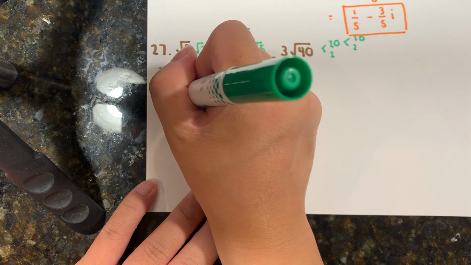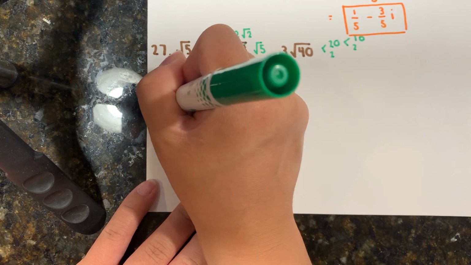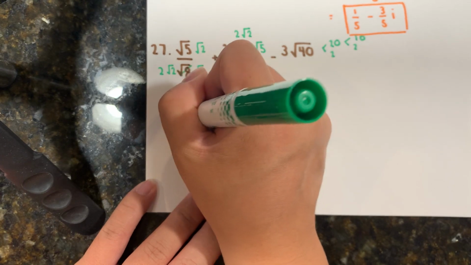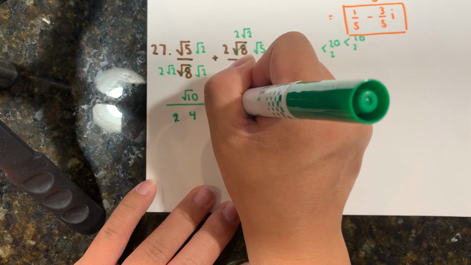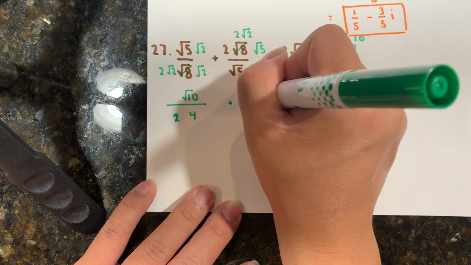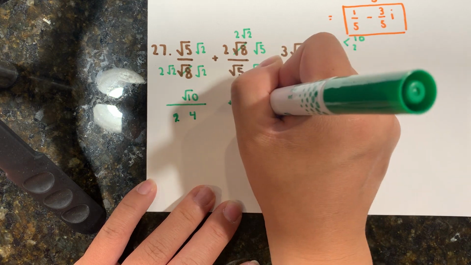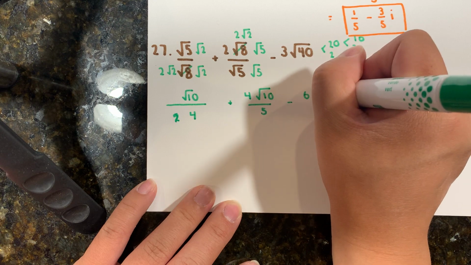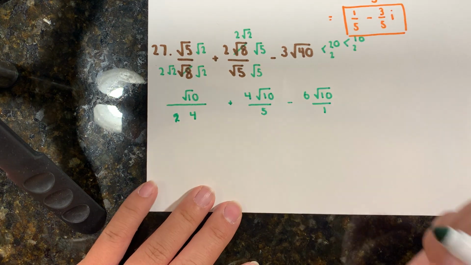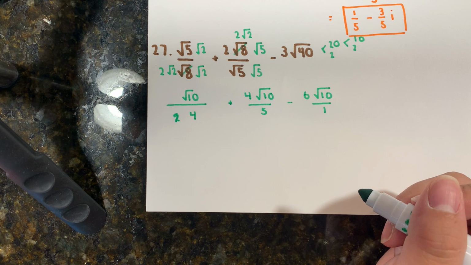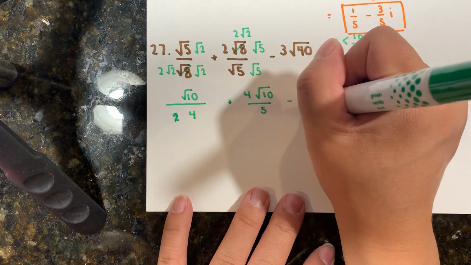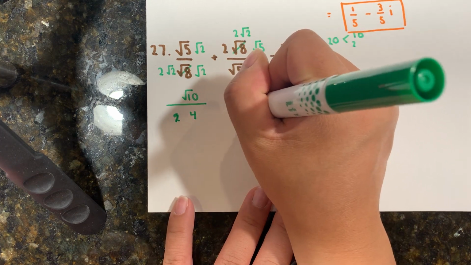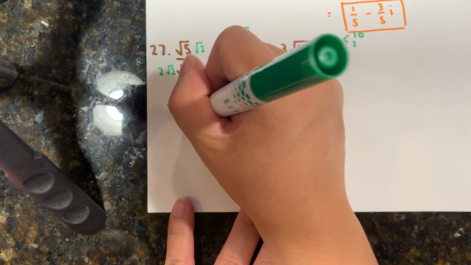So what I really have is the square root of 10 over 2 times 2, which should be 4, plus 4 root 10 over 5, minus 6 root 10 over 1. So the common denominator on this one is going to be 20. So I'm going to multiply this one by 20, this one by 4, and this one by 5.